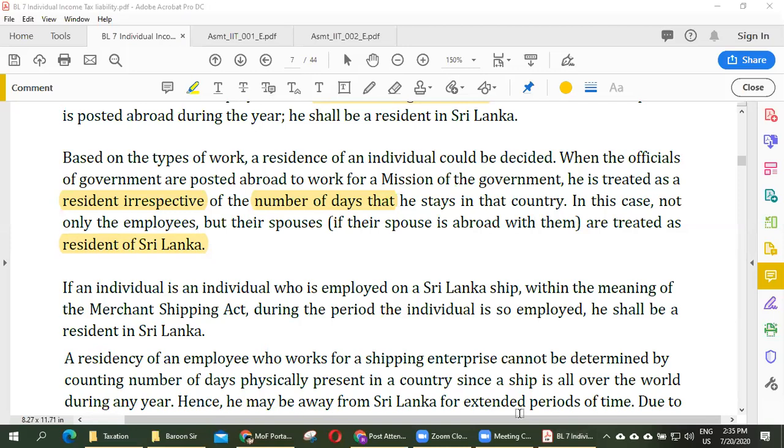Miss Jayasingh has asked a question: one person spends more than 183 days in another country, and he has a relationship with his mother country. It means that he has to pay tax to both countries. Yes, double pay.